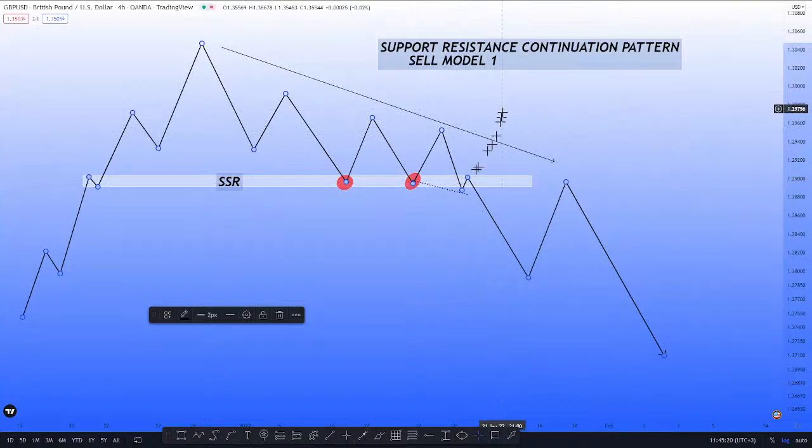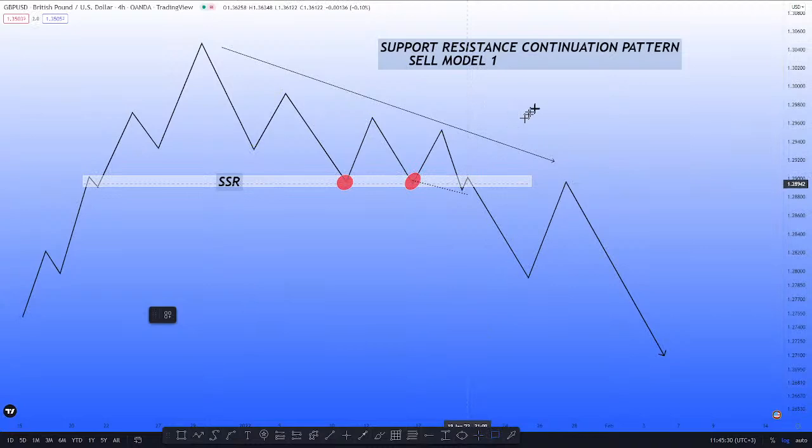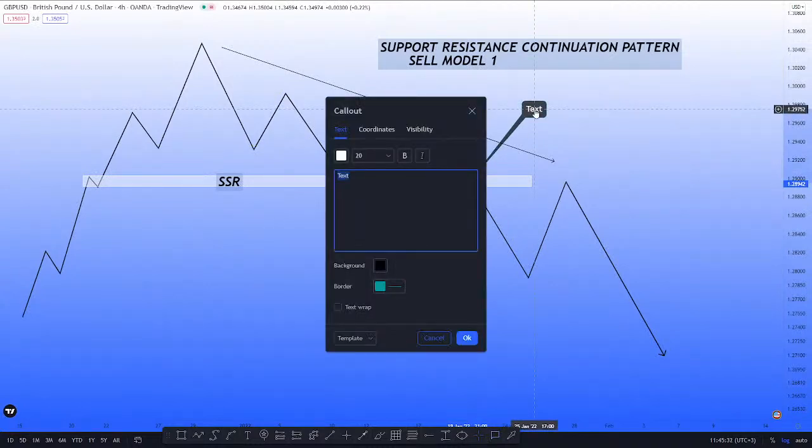You're just waiting for the supply to be created. The supply will be in the form of a drop-base-drop, the DBD.